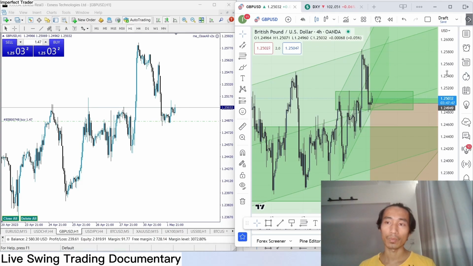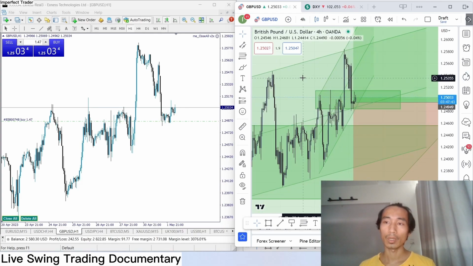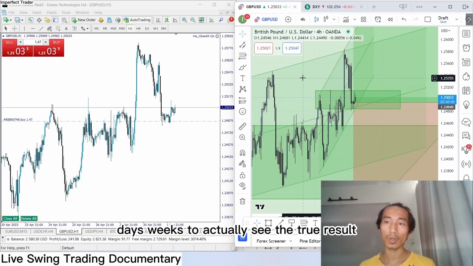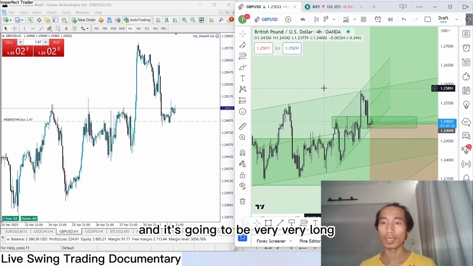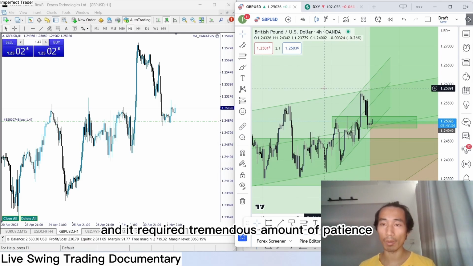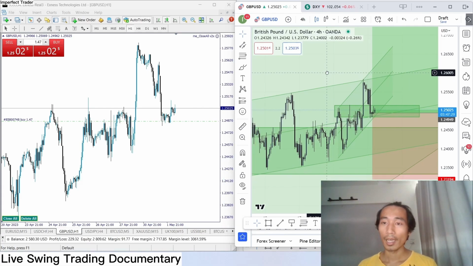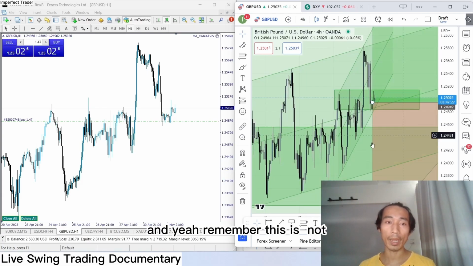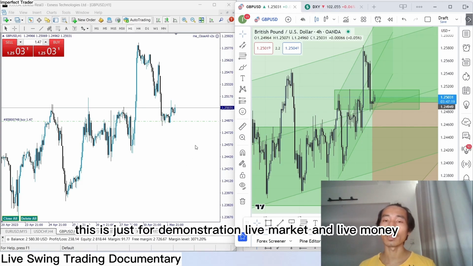This kind of trade is gonna take me days, weeks to actually see the true result, and it's gonna be very long, and it requires a tremendous amount of patience, and it's not easy. And yeah, remember, this is not my full trading capital. This is to demonstrate live market and live money.